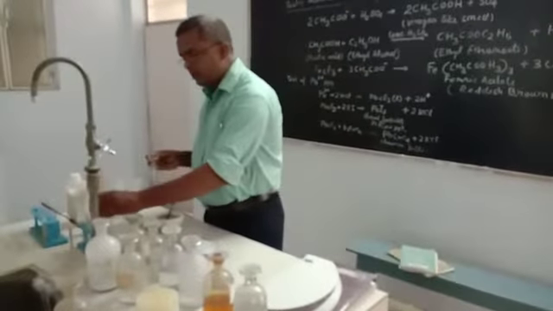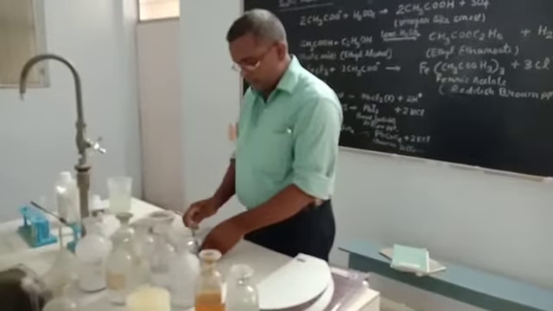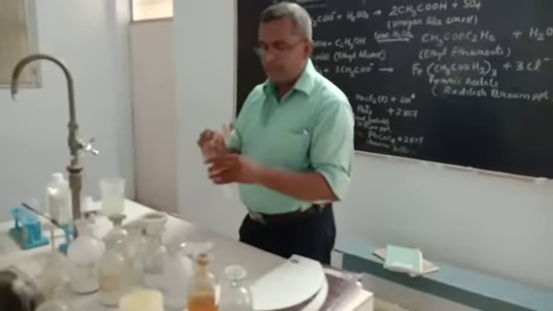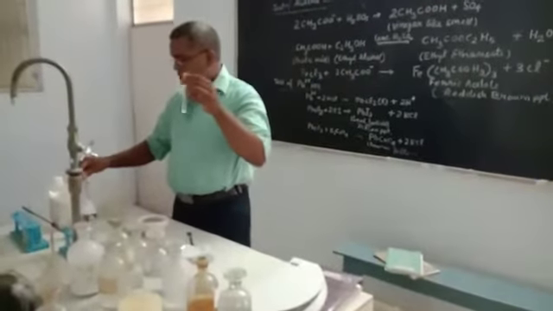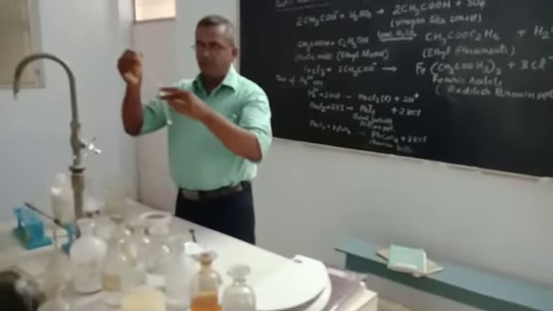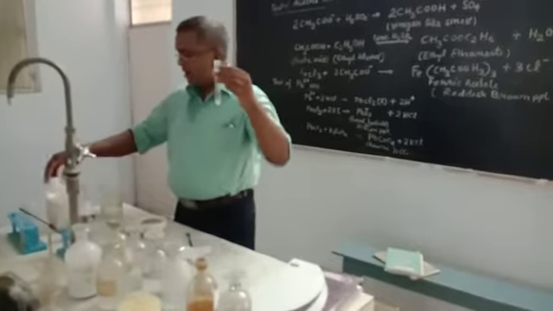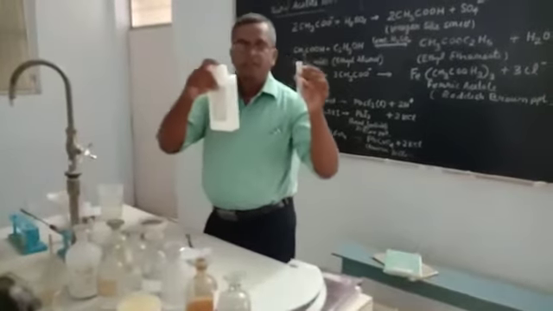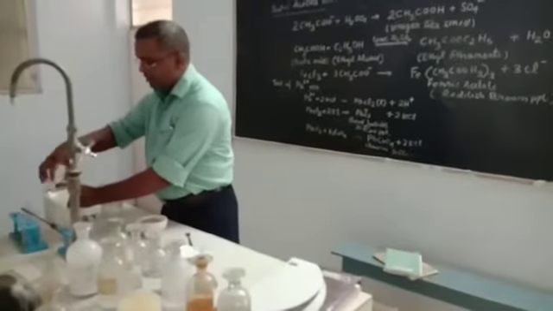Take another test tube and, same as before, add a small pinch of salt, add in it 2-3 drops of concentrated H2SO4, and then add 2-3 ml of this ethanol also.